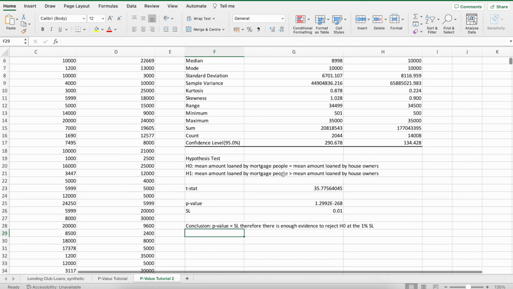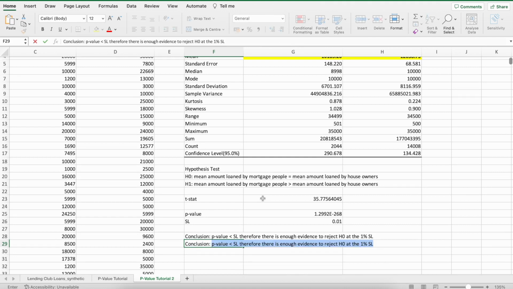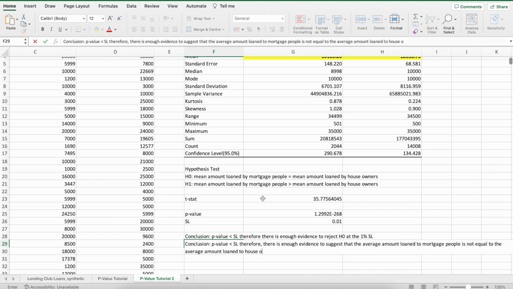With the conclusion, another thing I wanted to say is you can also add in context, right? So you can also say conclusion: p-value is less than significance level, therefore there is enough evidence to suggest that the average amount loaned to mortgage people is not equal to the average amount loaned to house owners, right?